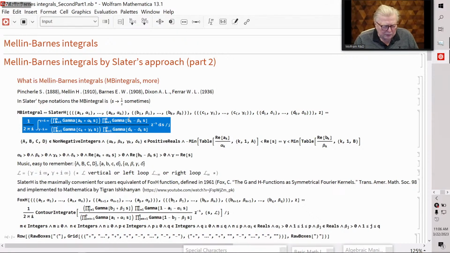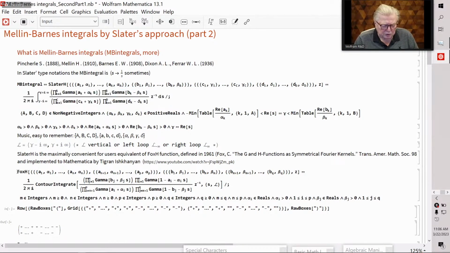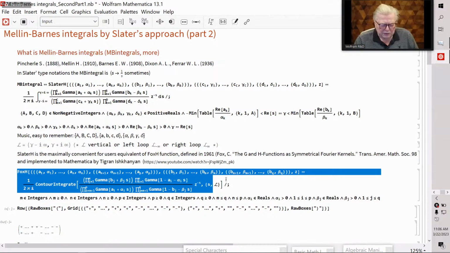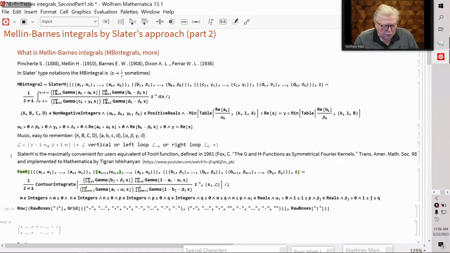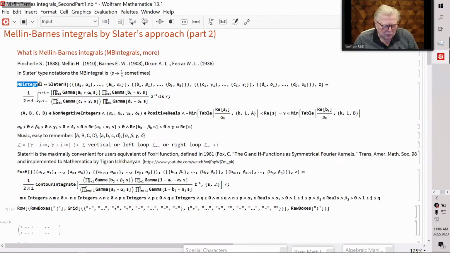And the inconvenience of the definitions of functions which were based on this Mellin-Barnes integral and have the names Fox H and Meijer G function is evident if you look at the construction of gammas, which looks very similar to those which Slater used for the Mellin-Barnes integral.